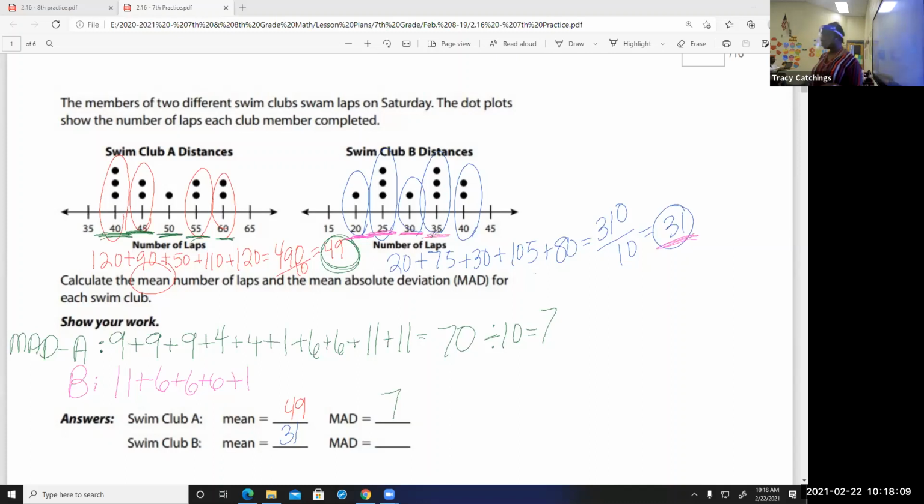35 from 31. 4. All right, we got that 3 times. All right, 40 from 31. All right, we'll have that twice. 60. Somebody else got 60?